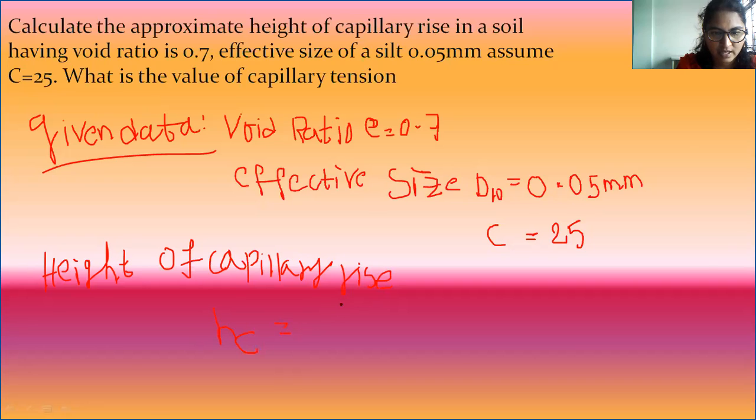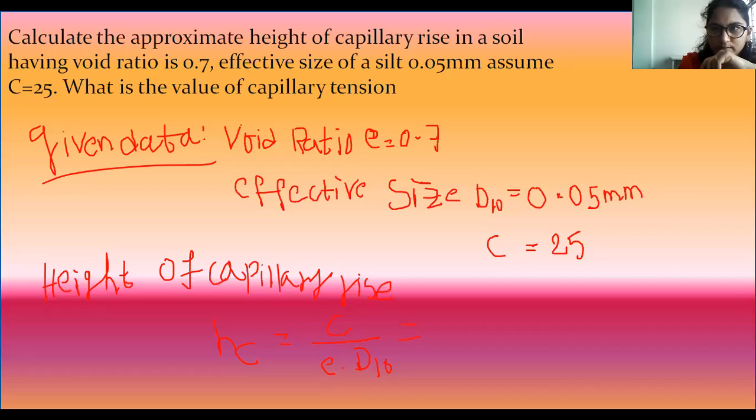Height of the capillary rise is C by e into D10. These values are already given in the problem. So h c is equal to C by e into D suffix 10.